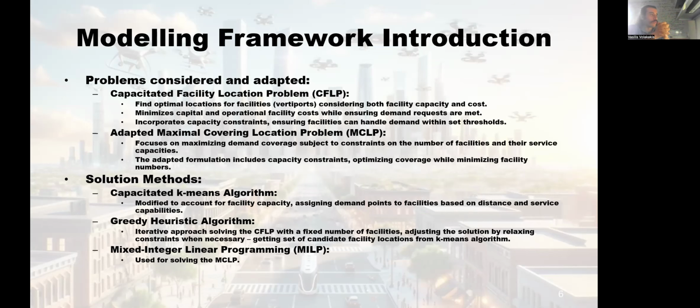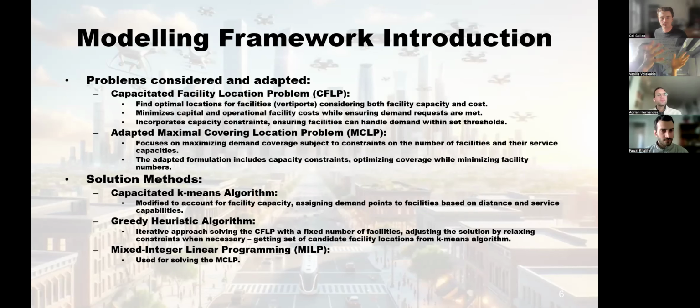Moving into the modeling framework, two problems were considered: a capacitated facility location problem and a maximal covering location problem, which was slightly adapted from how it's usually found in the literature. The capacitated facility location problem finds optimal locations for facilities, considering both facility capacity and cost constraints. It minimizes the capital and operation facility costs while ensuring demand requests are met, and incorporates capacity constraints, ensuring that facilities can handle demand within some thresholds. The maximal covering location problem focuses on maximizing demand coverage subject to constraints on the number of facilities and the service capacities.